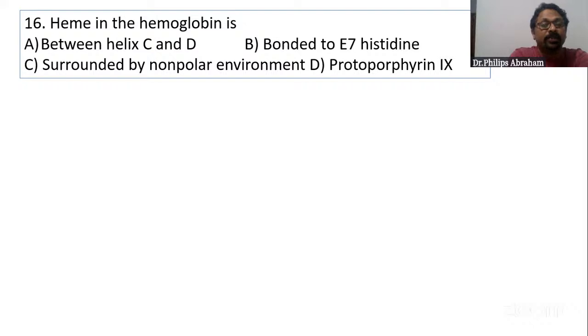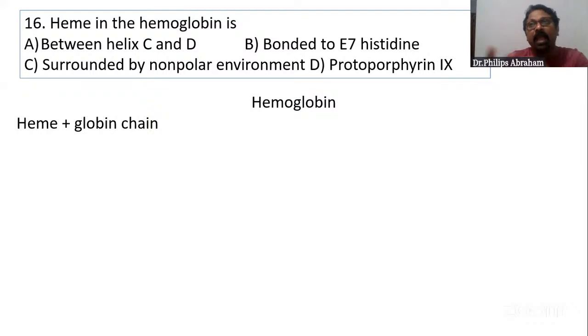Sixteenth question: heme in the hemoglobin. What's it all about? You know that heme is the non-protein part of hemoglobin, in other words, the prosthetic group. This heme and globin chains together form the hemoglobin. We have four globin chains. In adult hemoglobin, HbA, we have two alpha and two beta.